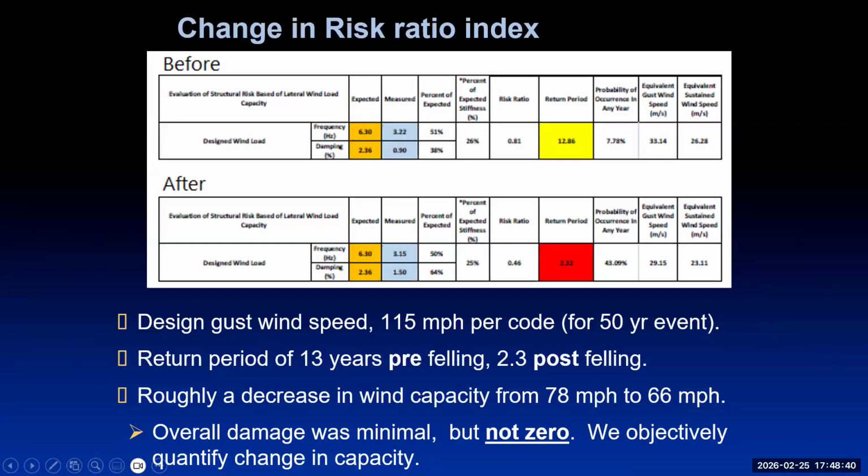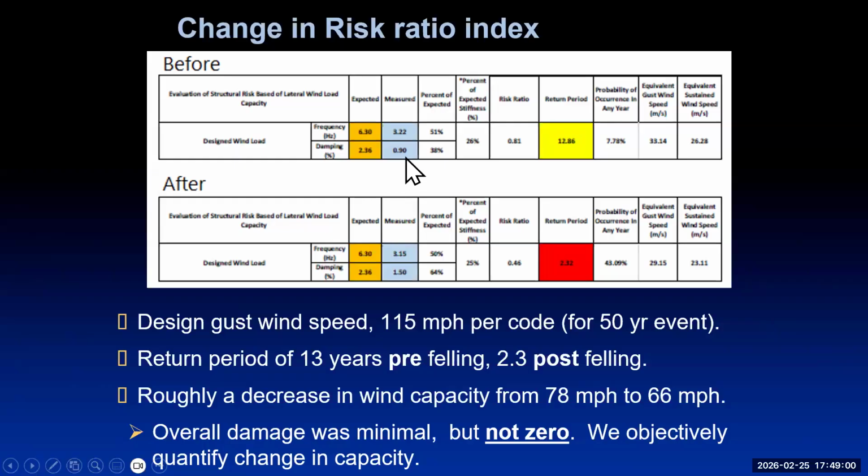But after the felling of the bridge, there was a lot of damage. You could see cracks opened up. You could see all kinds of problems. What did the measurements tell you? Well, the frequency went from 3.22 to 3.15, so it reduced by about 2%, or 4% stiffness.